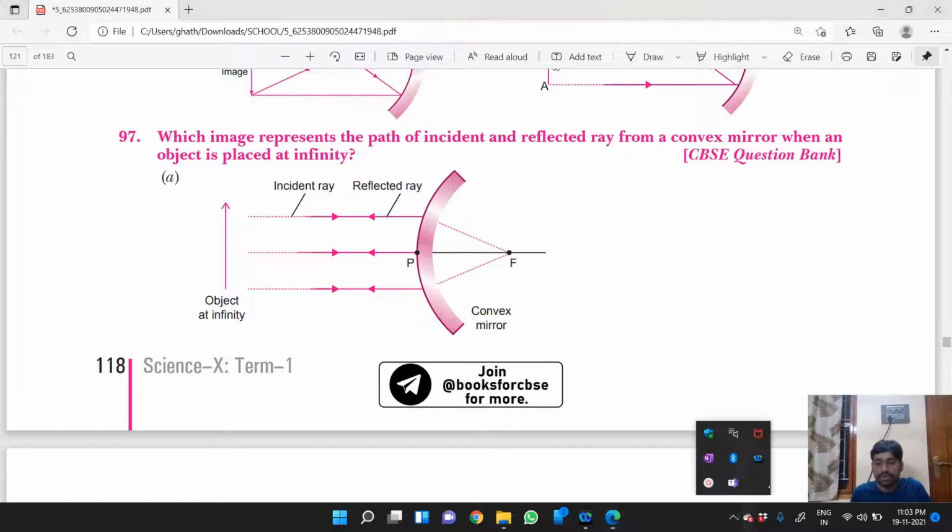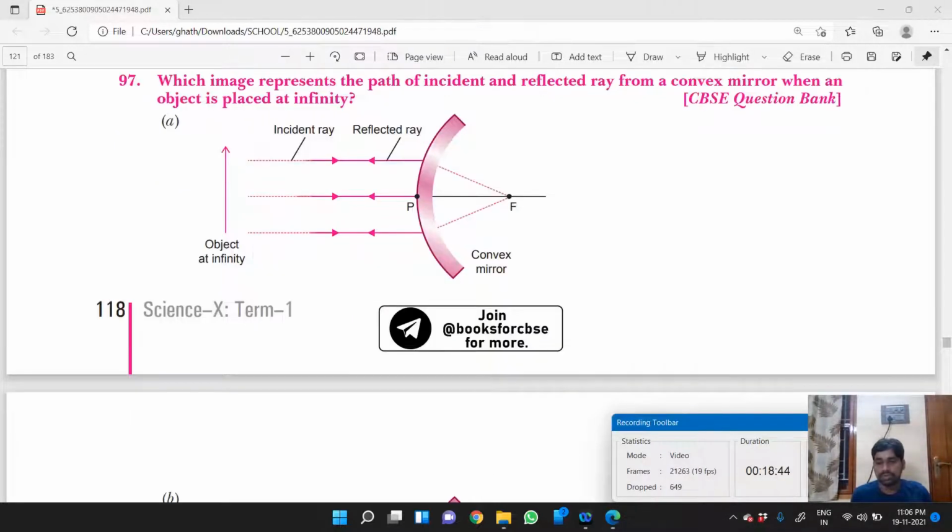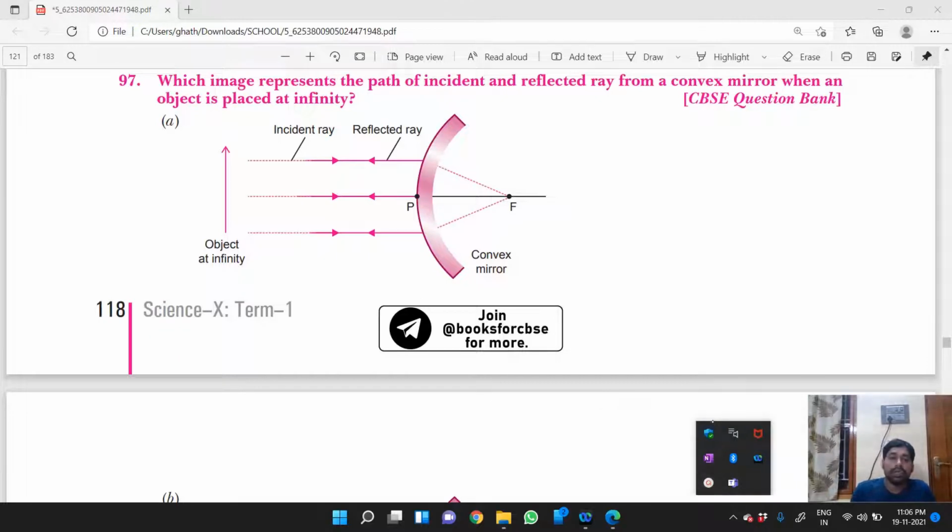Sorry for the disturbance. So in this question, what they are asking us is, when the object is placed at infinity, which of the following diagrams is correct?